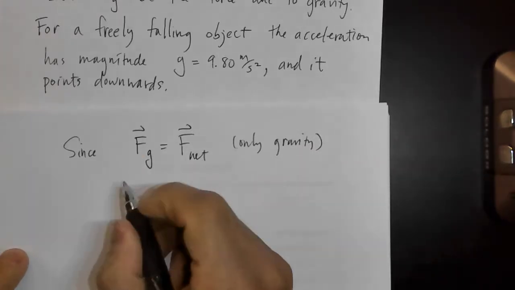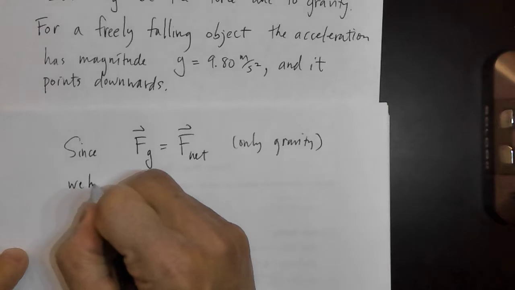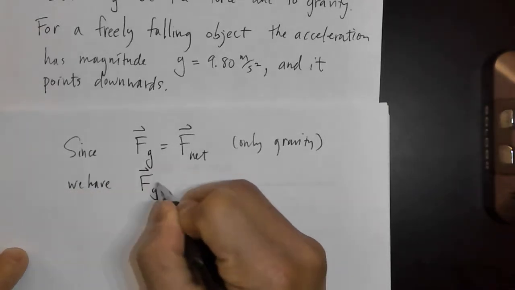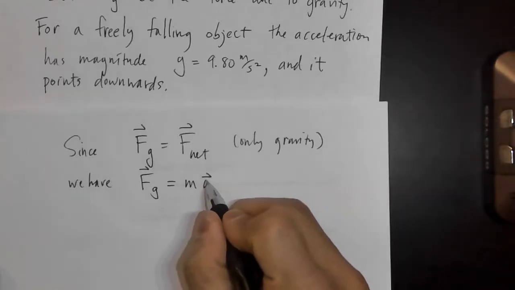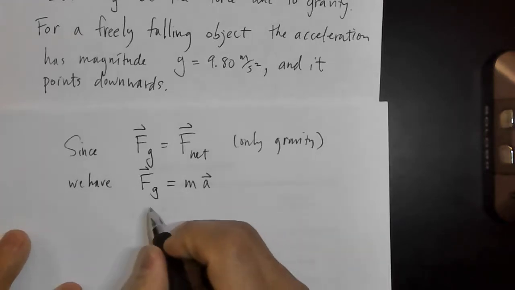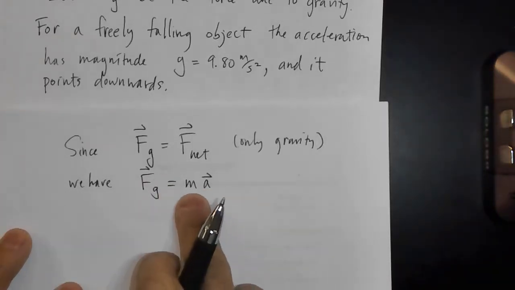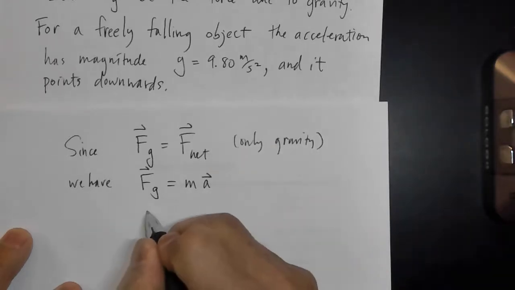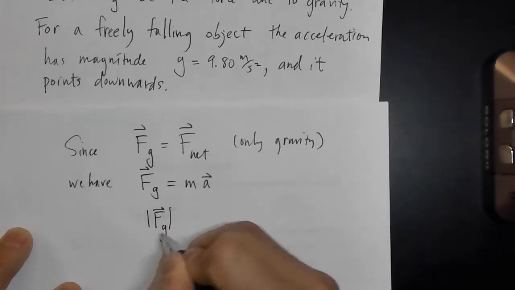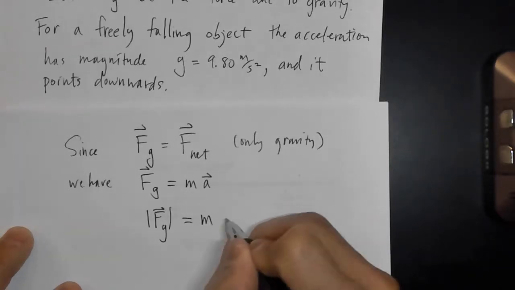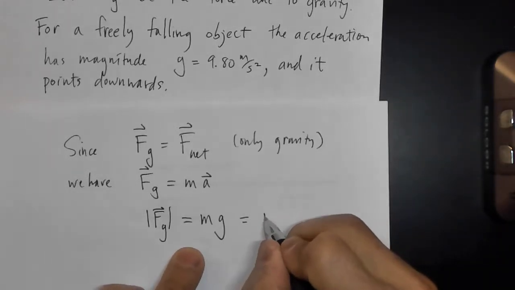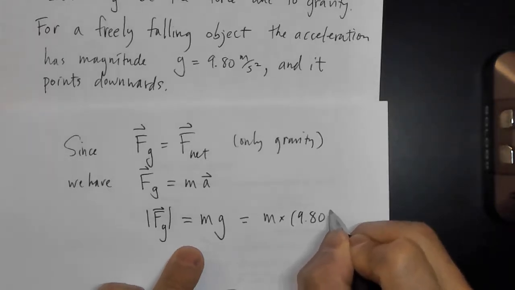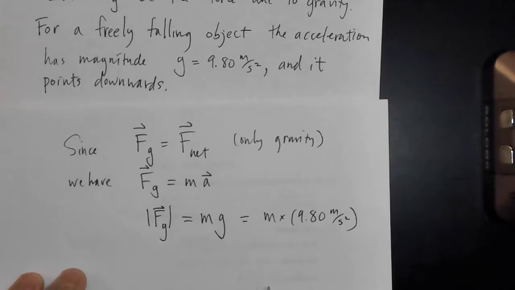From Newton's second law, we can say that Fg must equal m times a, but we said that a has a certain value, okay? Right, so remember, this is the force of gravity, this is the mass, this is the acceleration. So the magnitude of the force of gravity is going to be m times the magnitude of the acceleration, which is small g. So that's m times small g, which is 9.8 meters per second squared. All right.